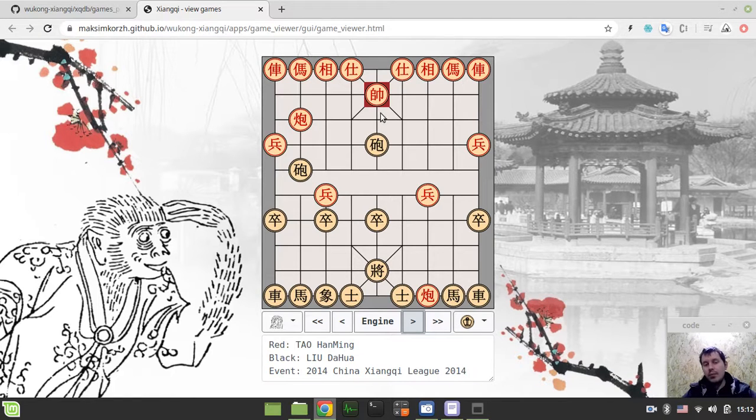So all these mating threats come straight out of the opening. And now Liu Dahua is developing his rook to connect it to the attack, to potentially go to this square and limit the scope of the king's squares to hide away from black pieces.